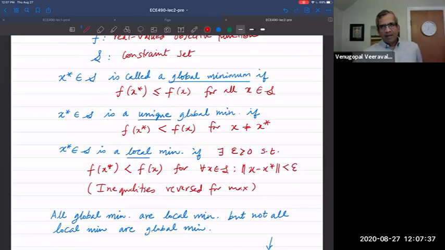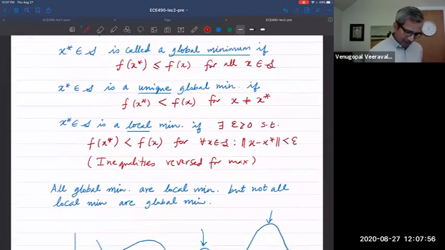You could have multiple local minima that all correspond to the smallest value that f can take. So you could have multiple local minima that equal the global minima. But not all local minima have to be global minima. That makes sense.